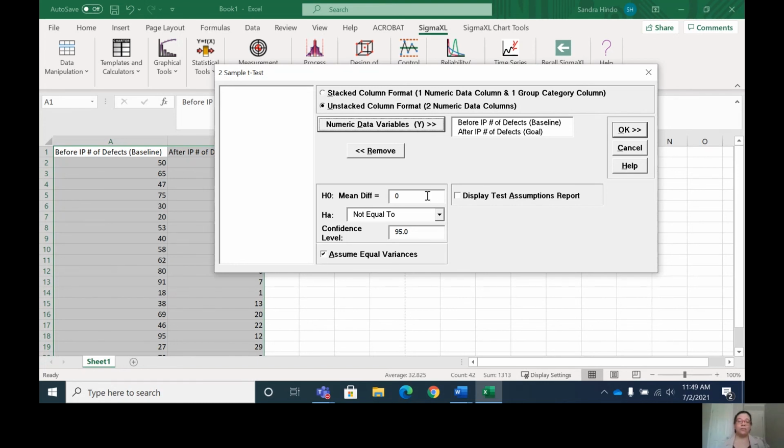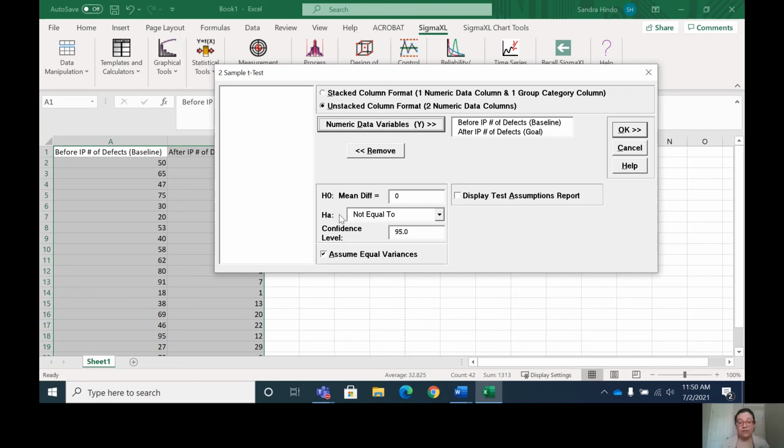Your H0 is your null hypothesis. Your null hypothesis always states that there is no difference in the number of defects before and after your improvement plan, aka group 1 equals group 2 in terms of the number of defects.